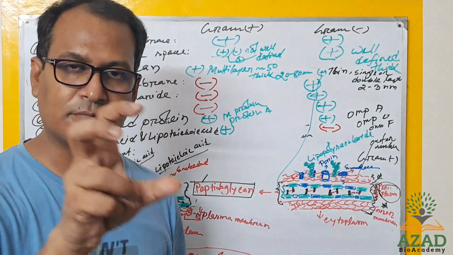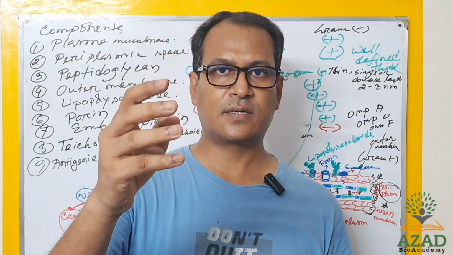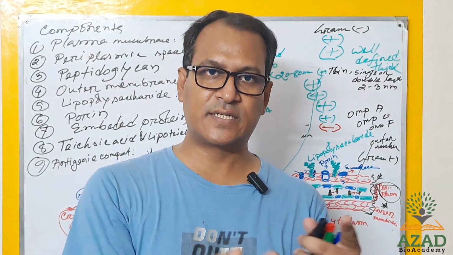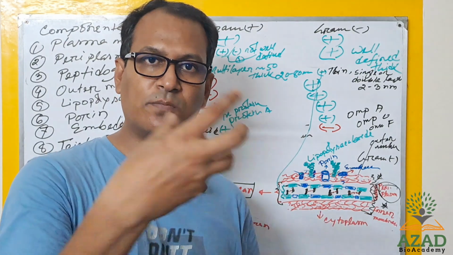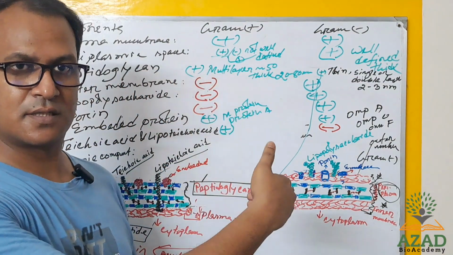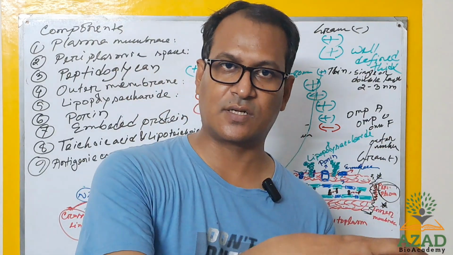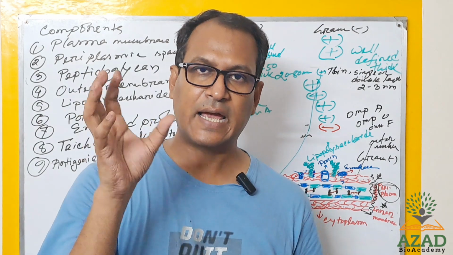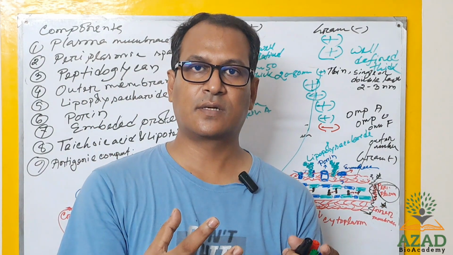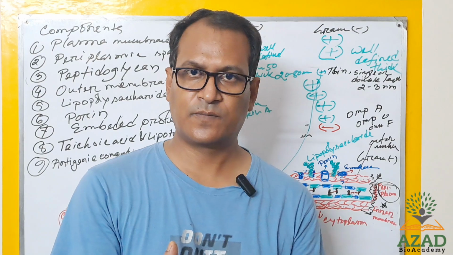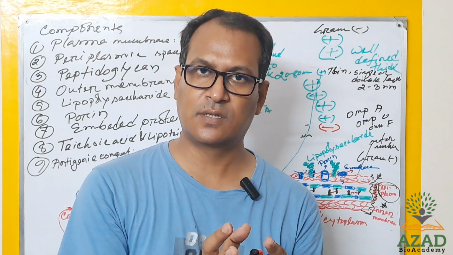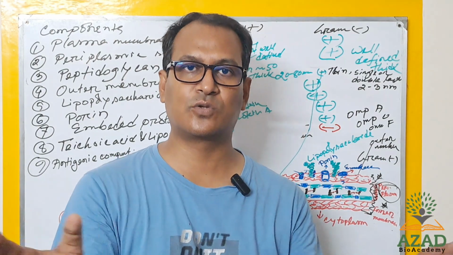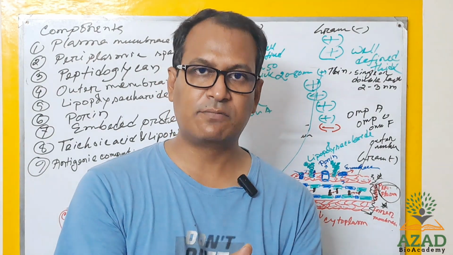So the substances will trigger the production of some weapon, and that weapon will interact with those substances. The weapon name is antibody, and the substance on which it interacts is the antigen. Antigen and antibody are highly specific in their action, and they are always enemies to each other, never friends. The same antigen and antibody can never be together; it is not possible for them to live together.